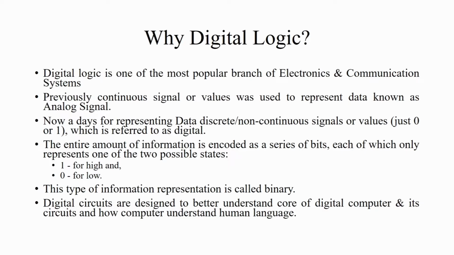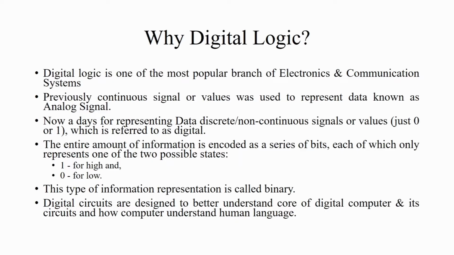That means the representation of values in discrete form, or 0 and 1 form, which is referred to as a digital system. Generally the entire information is encoded as a series of bits, and each bit represents one of two possible states.